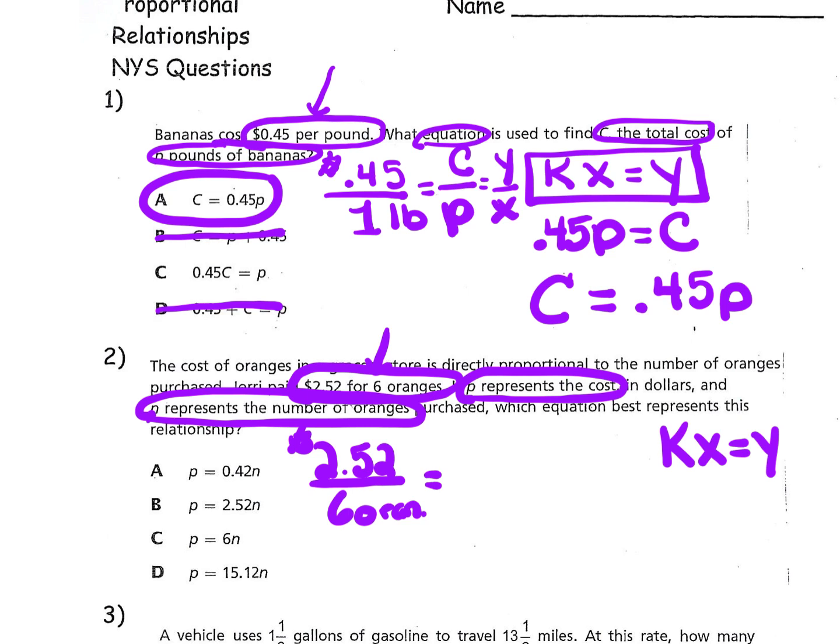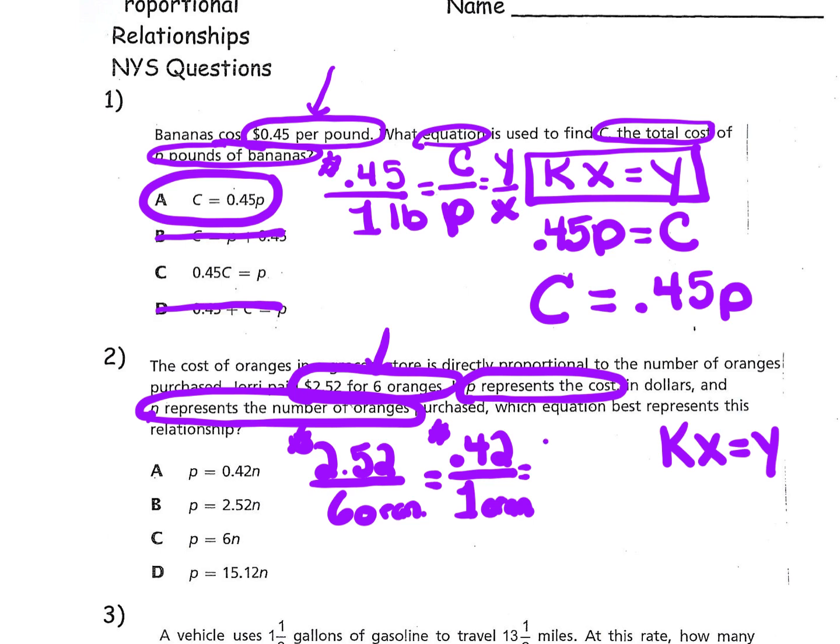You need to divide 252 by 6 oranges and find out the cost per each orange. You should have gotten 42 cents per 1 orange, which is, of course, our K rate, 42 cents.